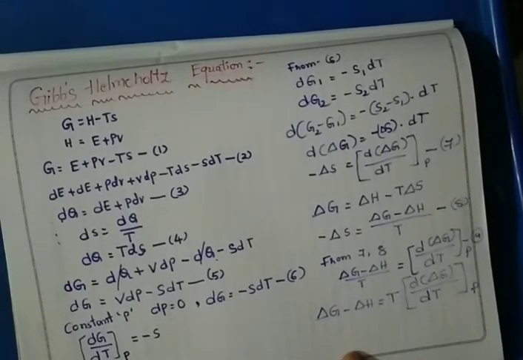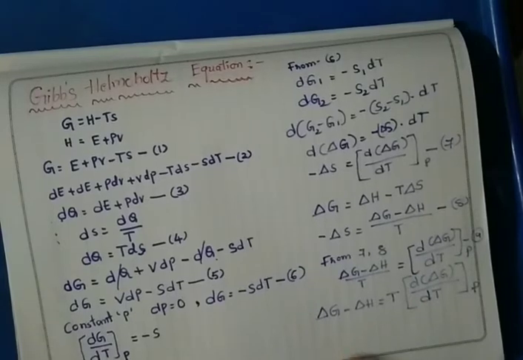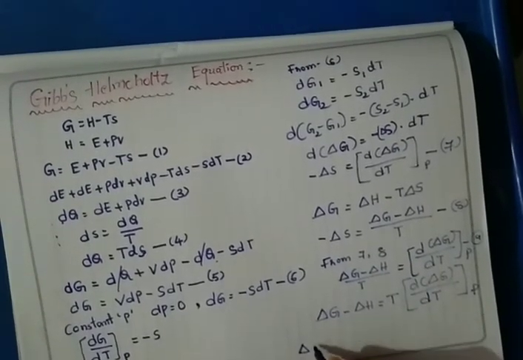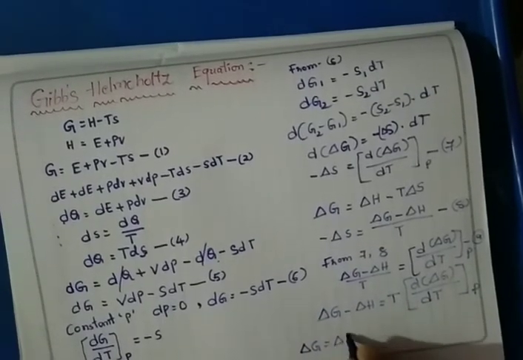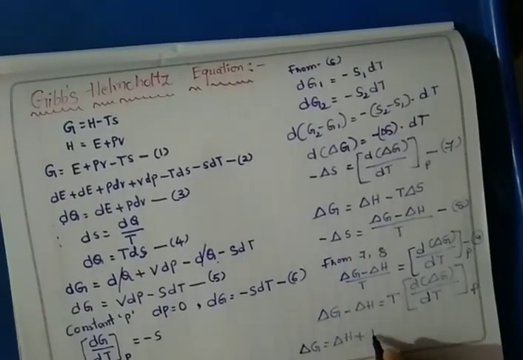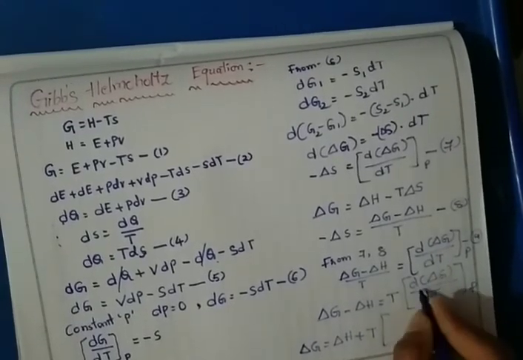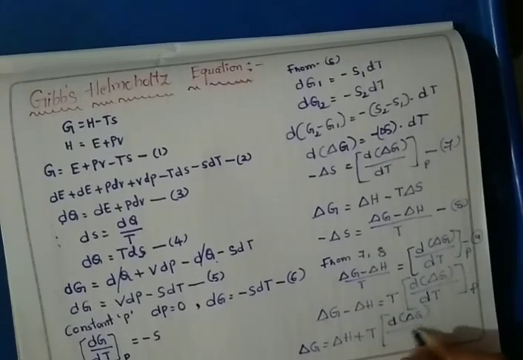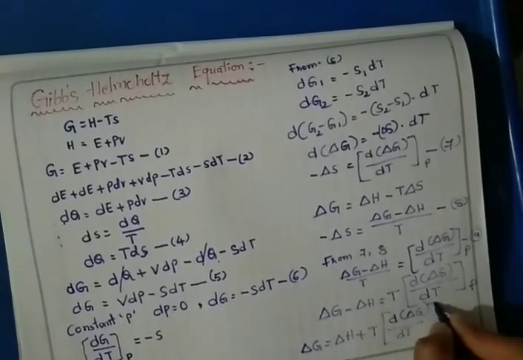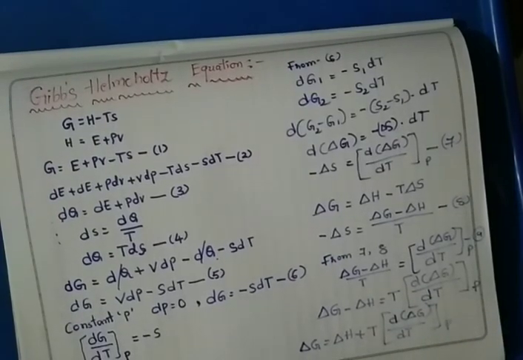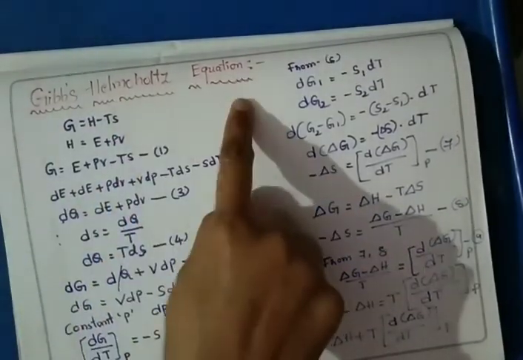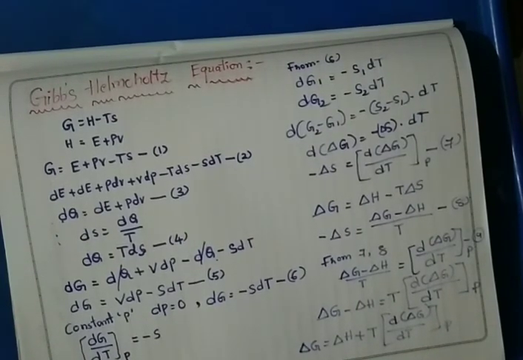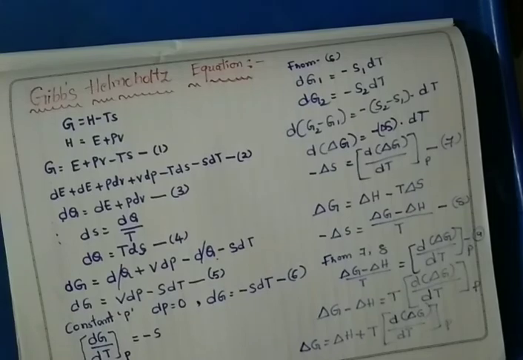It also simplifies to delta G is equal to delta H plus T, open the bracket, d delta G by dT. So this is the Gibbs-Helmholtz equation. Thank you, students.